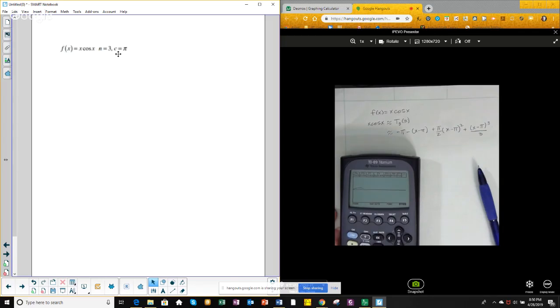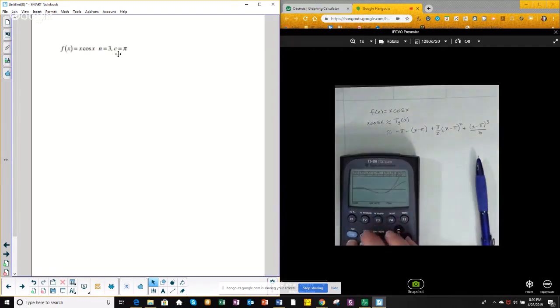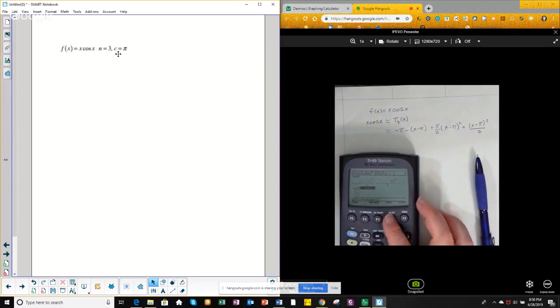So there we go. The first one it's graphing is the Taylor polynomial, because I don't have them graphing at the same time. There's a Taylor polynomial. And there is the actual function. And actually, I'm going to go back to y equals. And I'm going to make this one a different style.